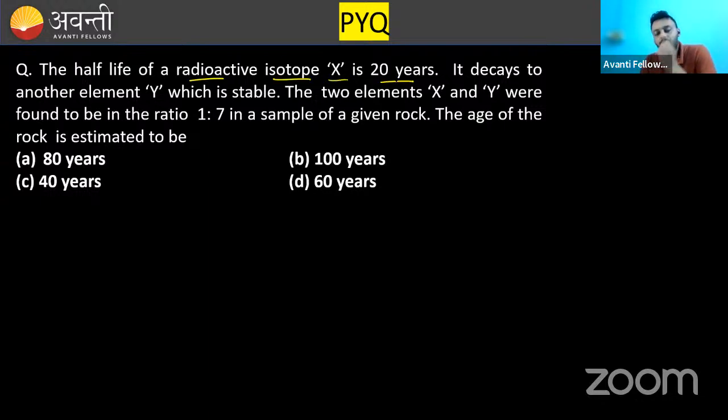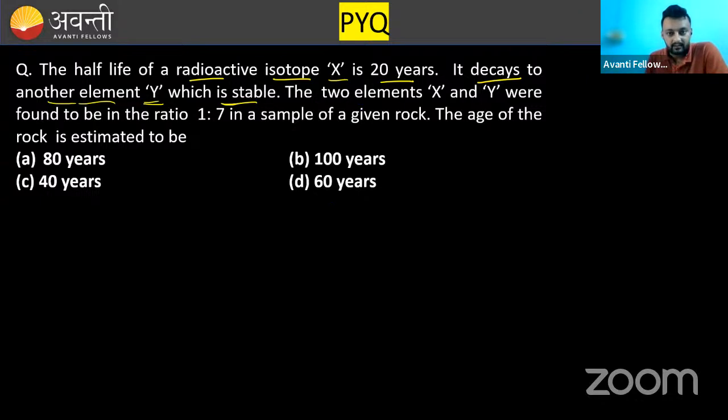Tell me, what is the meaning of isotope? I have told you in the previous class to read about isotopes, isotones, isobars, and isomers. It decays to another element Y, which is stable.